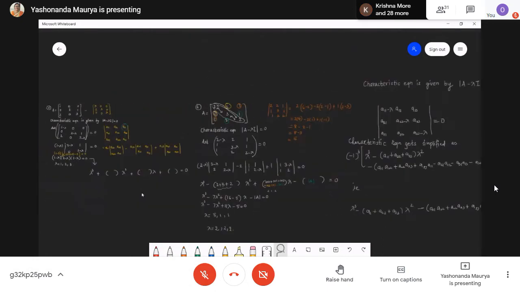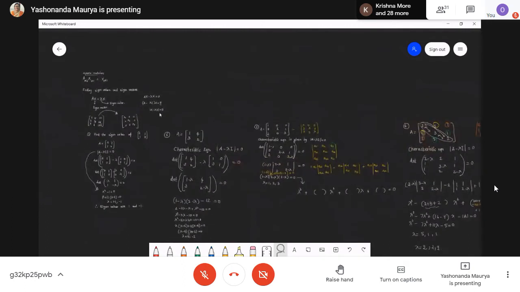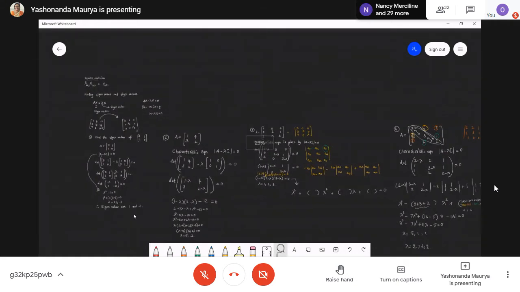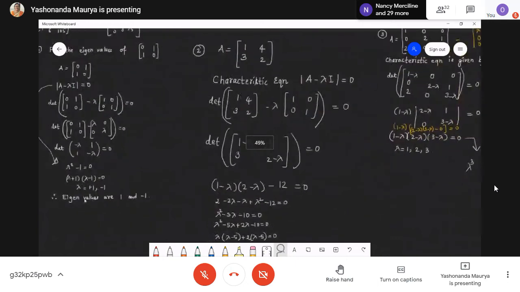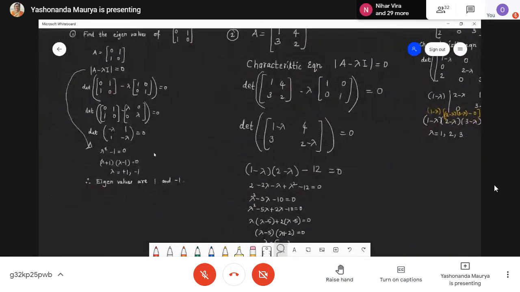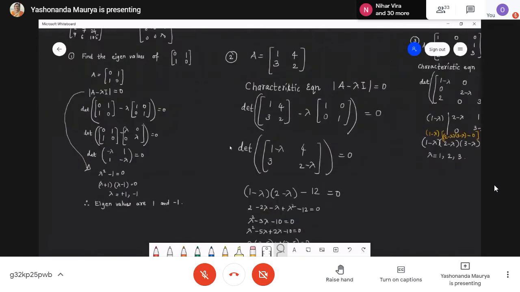What we have seen is what we mean by eigenvalues, and we have simplified the determinant, this characteristic equation, which is given by determinant of A minus lambda I equal to 0. By solving this equation, we get the roots, and those roots are called eigenvalues. Since we call this a characteristic equation, the roots of this equation are also called the characteristic roots.